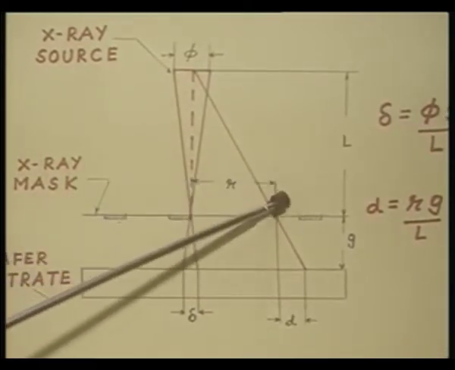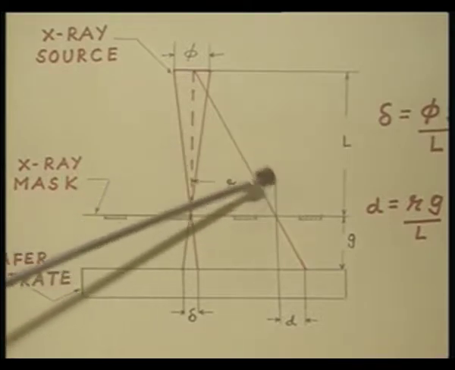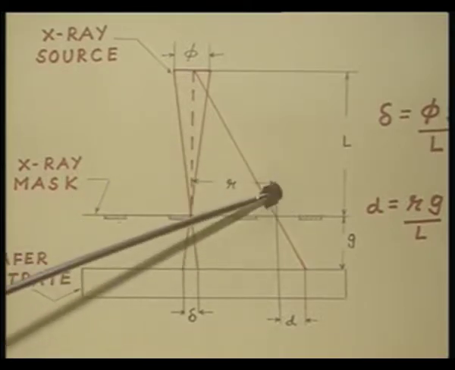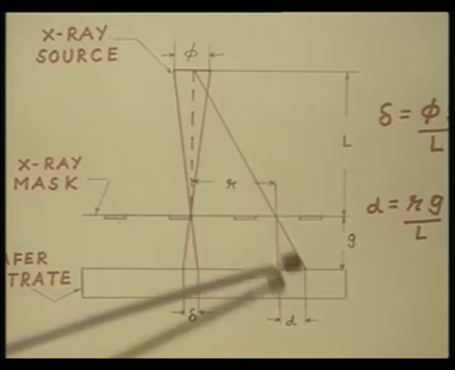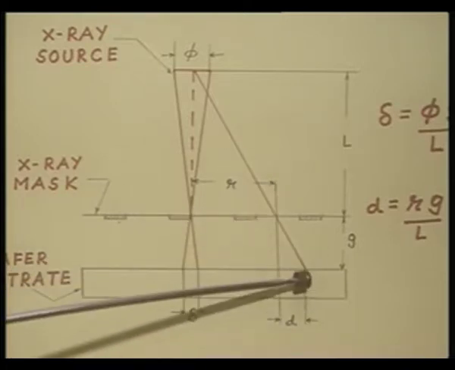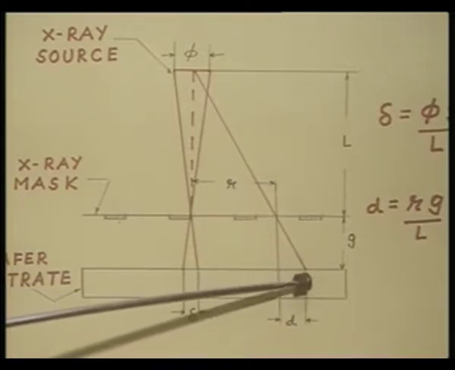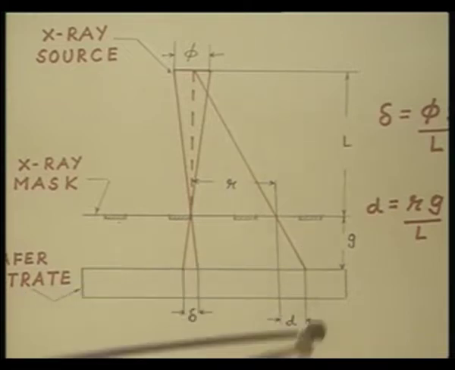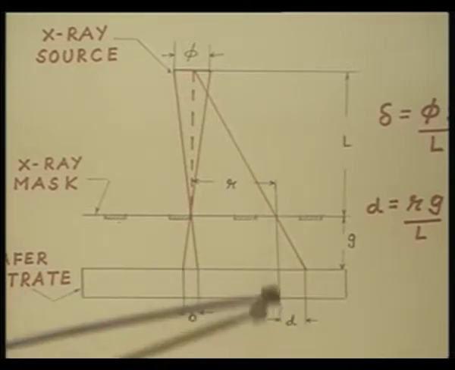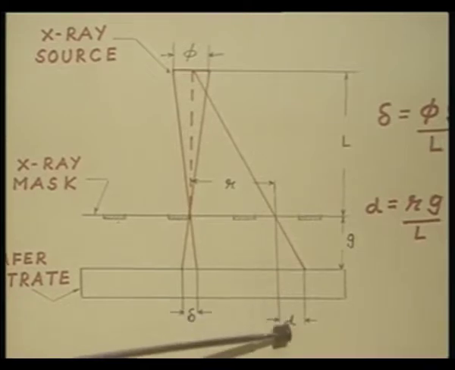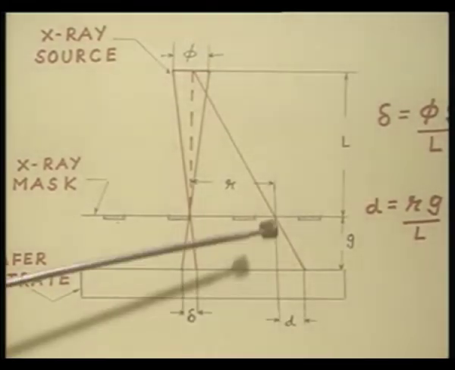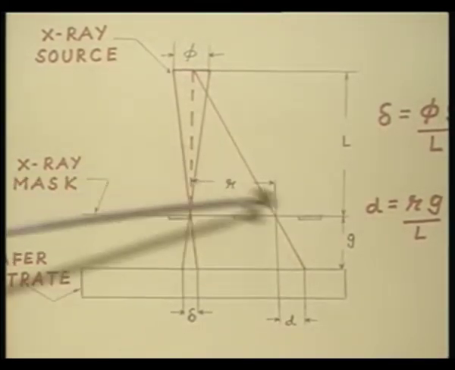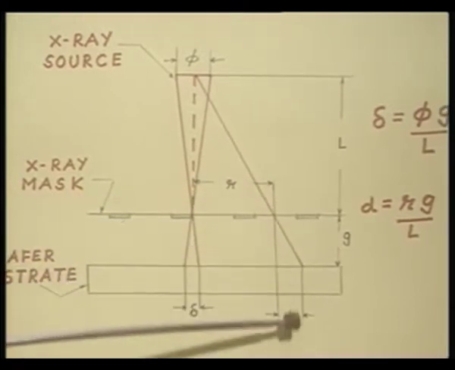If we look at a pattern which is situated r distance away from the center, then we see that the actual pattern on the semiconductor surface has got shifted by an additional amount d, and this d obviously is going to depend on how far away from the center of the mask the pattern is located.